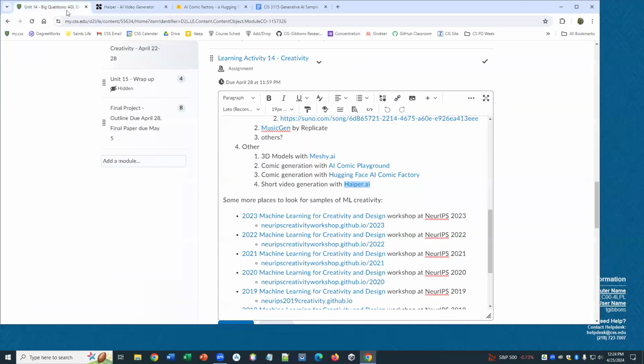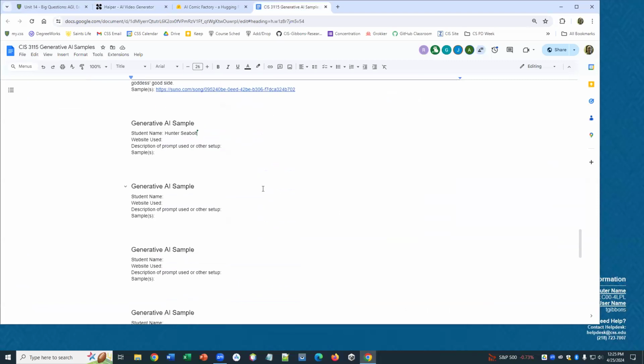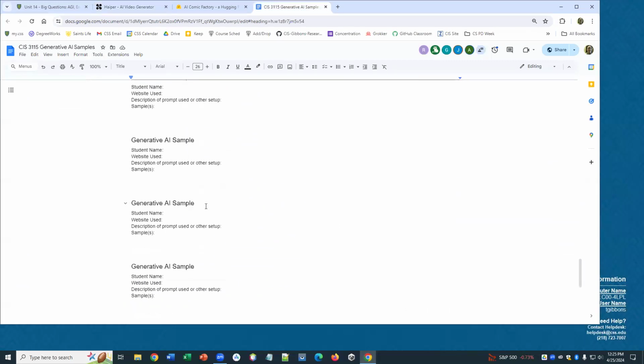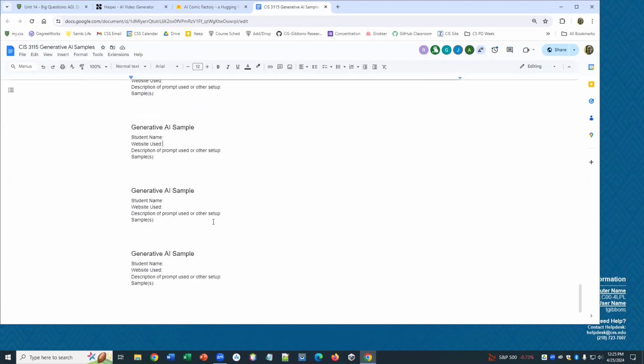So your job is to generate something, find one of these areas that doesn't have a student's name in it, put your name in there, and generate something. We'll spend some time, and then we'll go around and share each other's work in class. Try to generate something fun so the rest of us can see it, and post it in here.